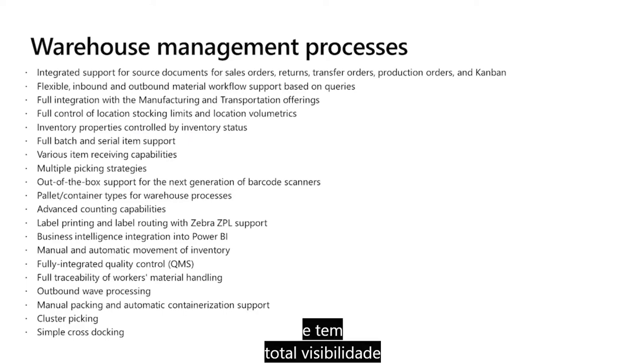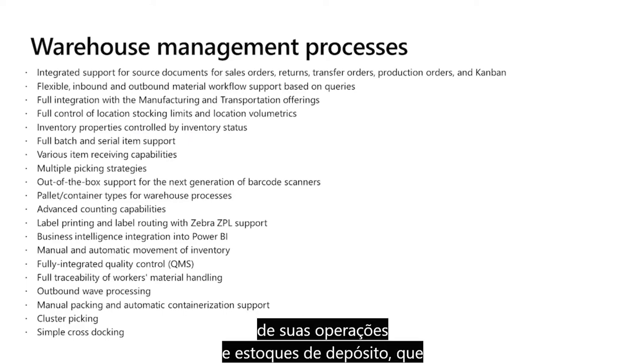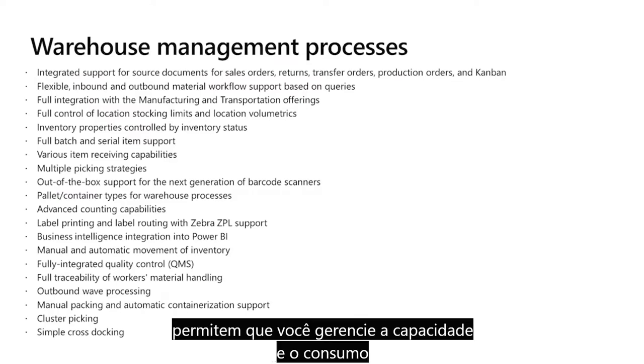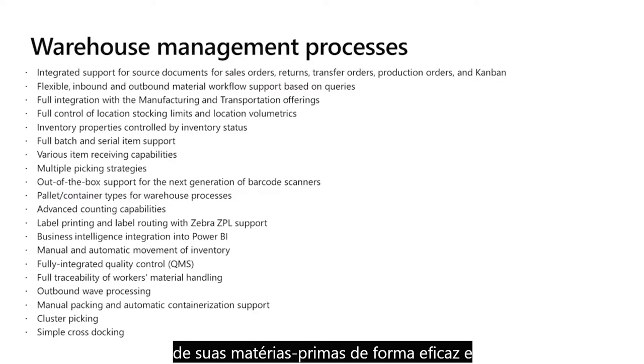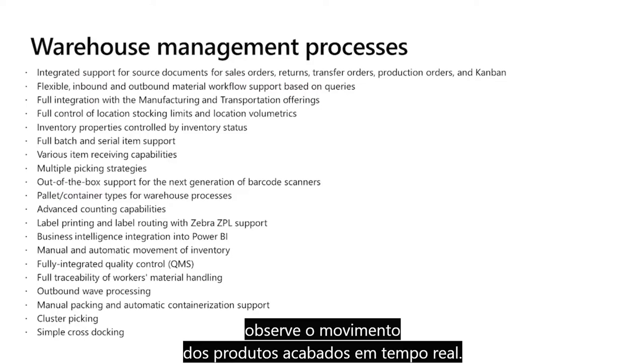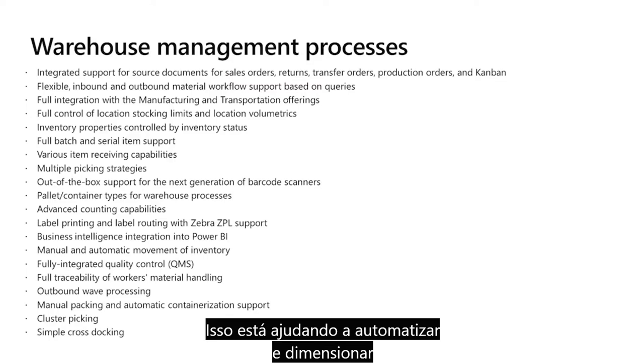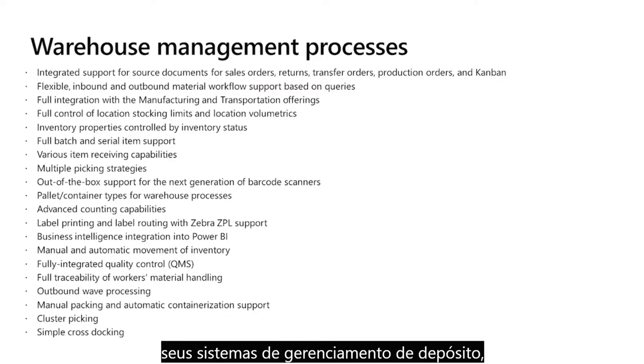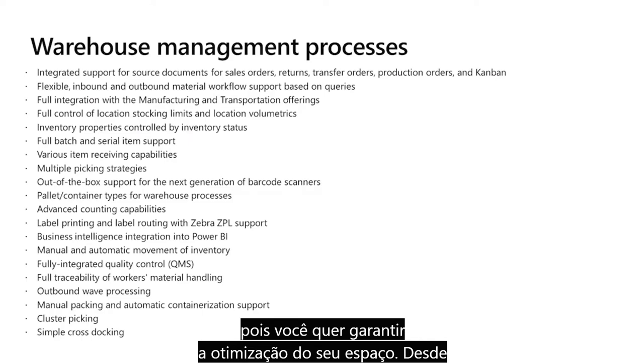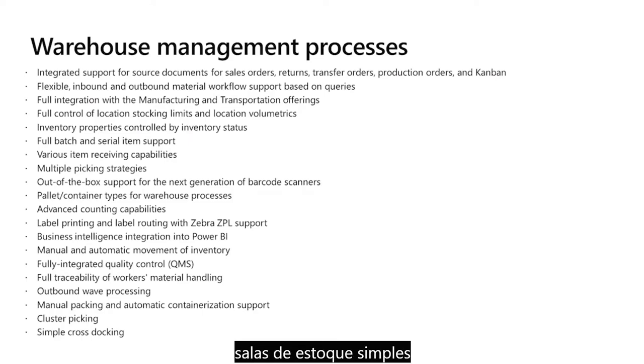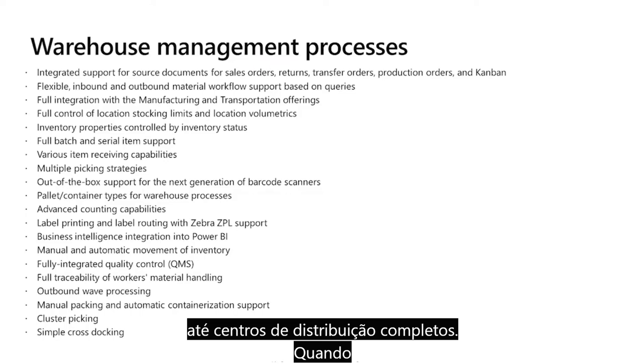And it does this by giving you complete visibility of your warehouse operations and inventory, which allow you to manage capacity and consumption of your raw materials effectively and look at the movement of the finished goods in real time. And this is helping you automate and scale your warehouse management systems because you want to make sure that you're optimizing your space, whether it's from simple stock rooms to full-blown distribution centers.